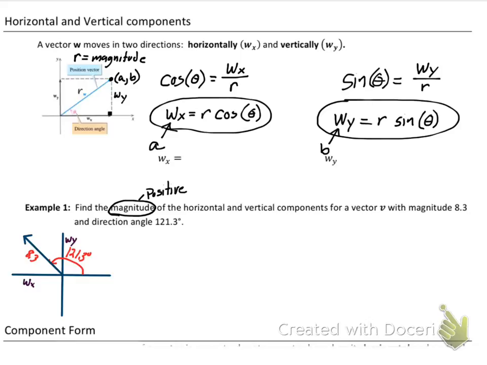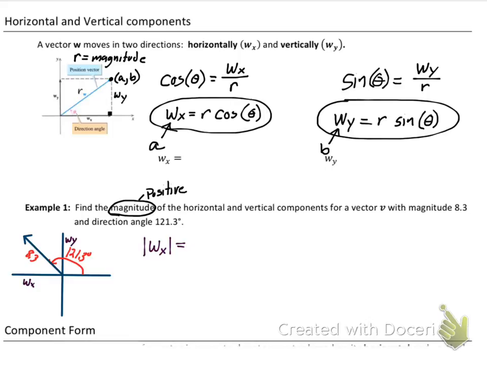Because if I'm looking for my horizontal, that is my w sub x, that is my x value. However, I'm looking for the magnitude, so I'm going to say the absolute value of w sub x, whatever I get, is going to equal r times the cosine of theta, where r is our magnitude.